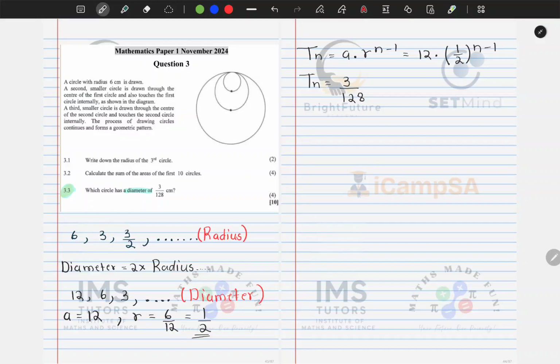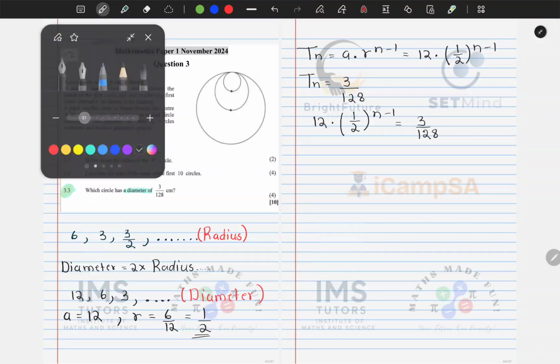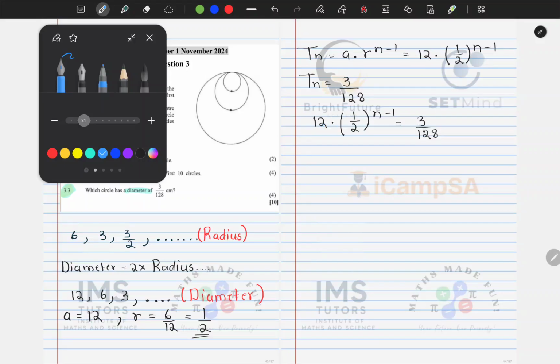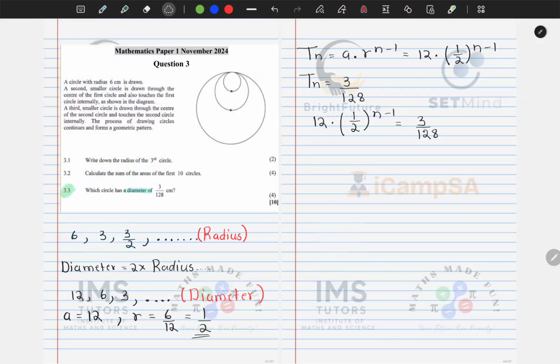Okay, so let's go ahead and solve for n. So we have 12 times 1 over 2 to the power of n minus 1, and this is equal to 3 divided by 128. So what I'm going to do is divide by 12. So let's copy this.